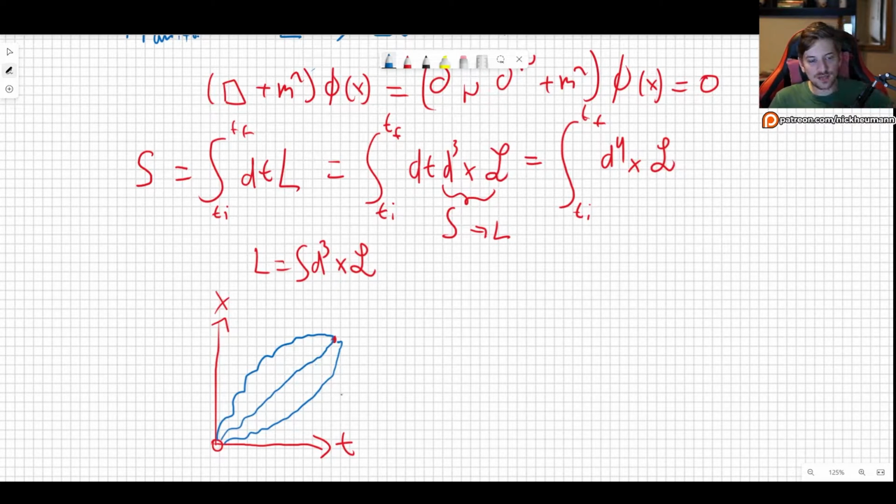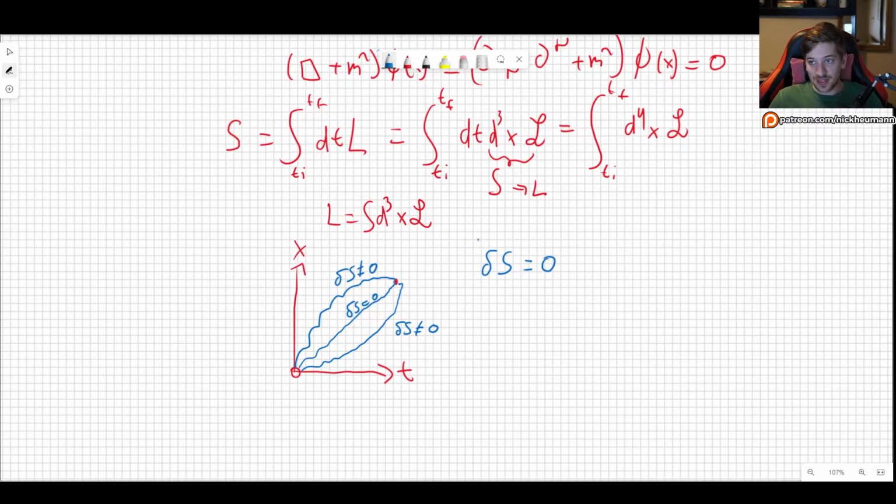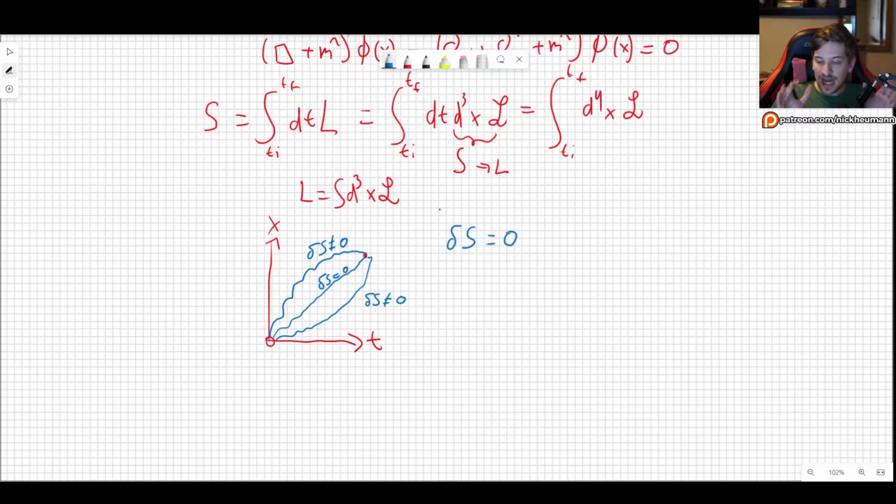So there are quite a few different paths that our particle could in principle follow. But as it turns out, in real life, our particle only follows that path which leaves the variation of the action equal to 0. So in this case, for example, this would be delta S equals 0, and this is delta S different from 0, and this one is also different from 0. The particles in real life have to obey that.